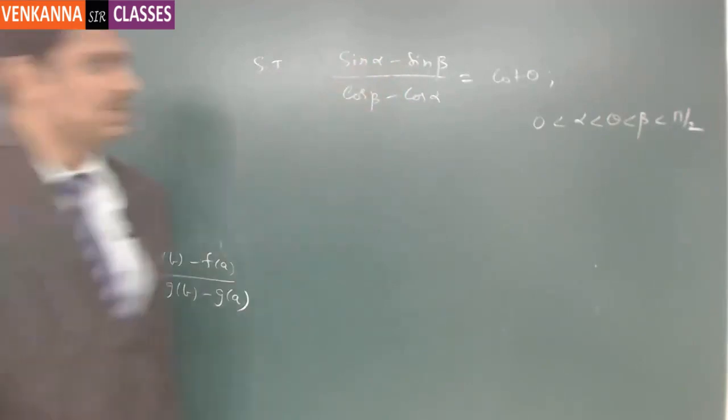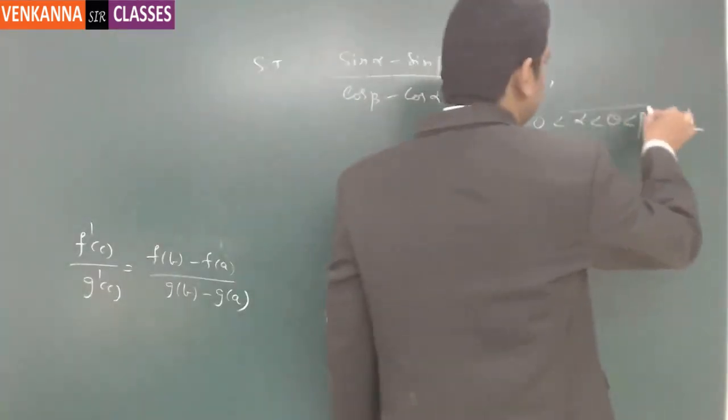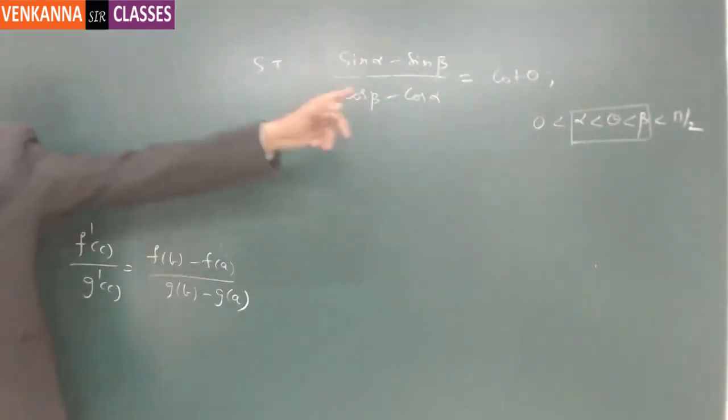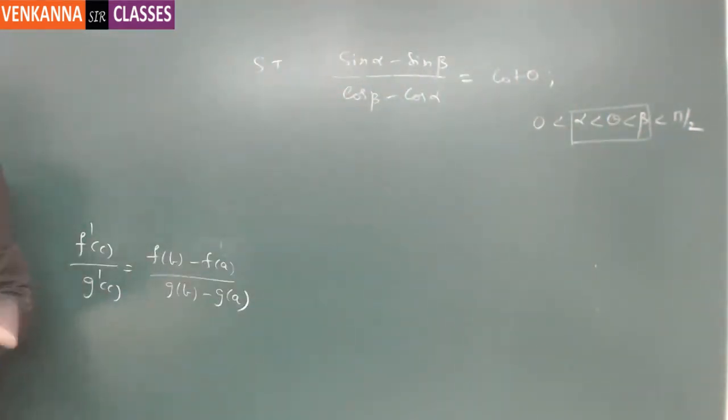So the interval you are going to take is alpha beta, and theta is lying in between them. Since alpha and beta you can take any numbers, you cannot exceed 0 and pi by 2. So alpha and beta values are lying in between 0 and pi by 2. Clear?